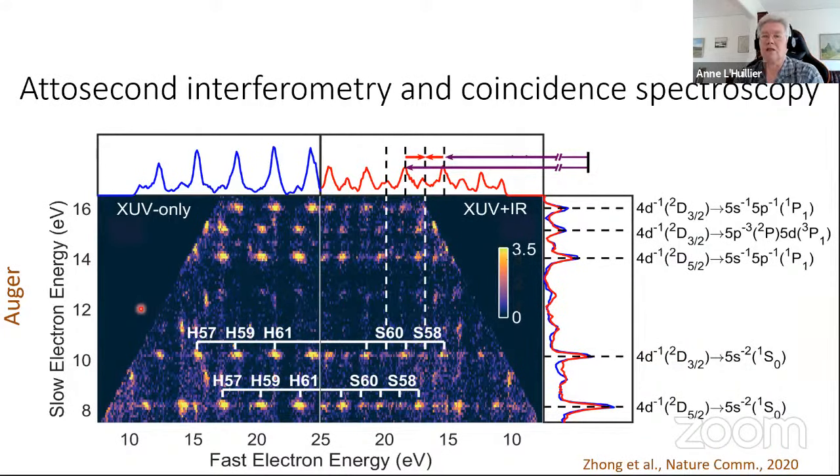Now, if you add the infrared field, you have additional islands, which are the sidebands. And these islands are in between the islands that we have seen before. So our experiment consisted in measuring these coincidence maps as a function of delay between the attosecond pulses and the infrared pulses.